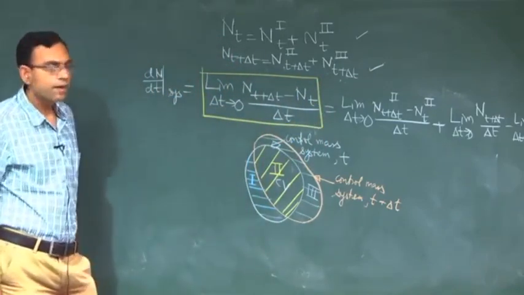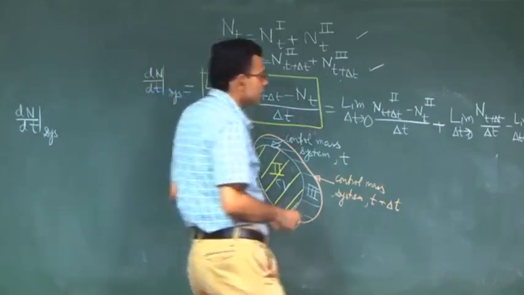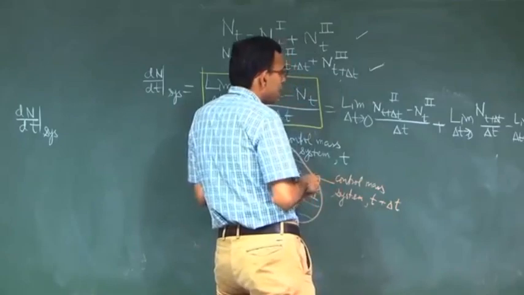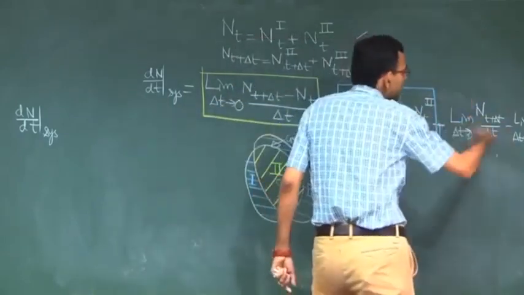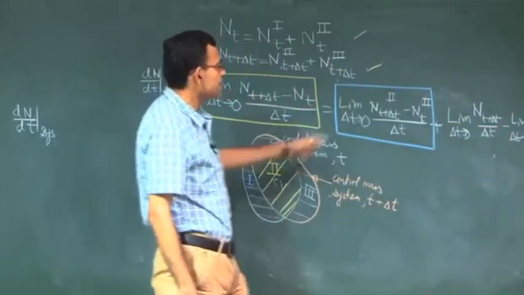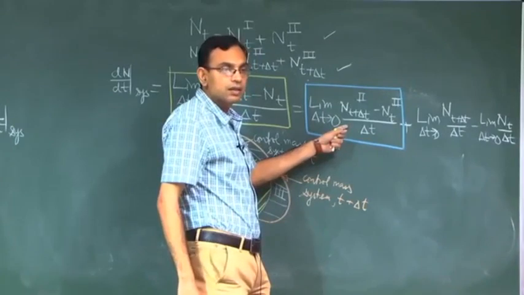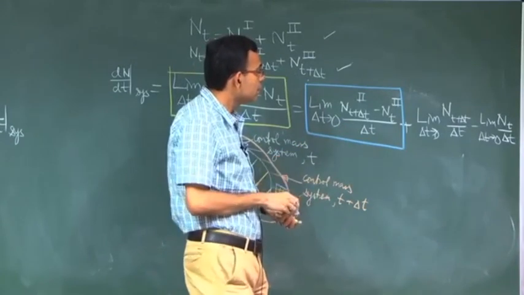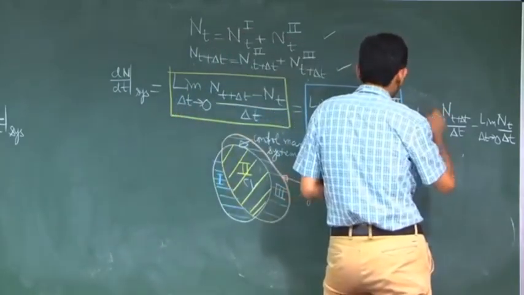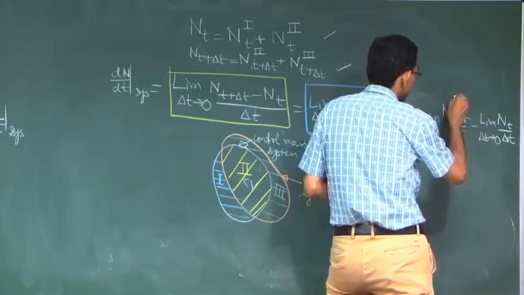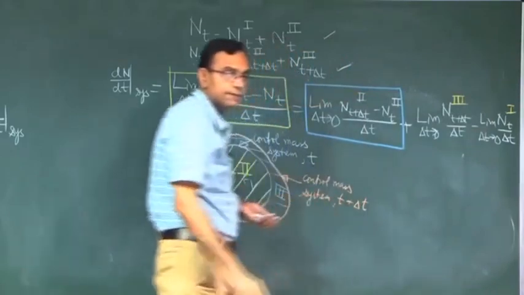This one, this is the total rate of change. So, this we are writing as a sum of this and some correction terms. So, what is this? This one, yes, this is 1, right.